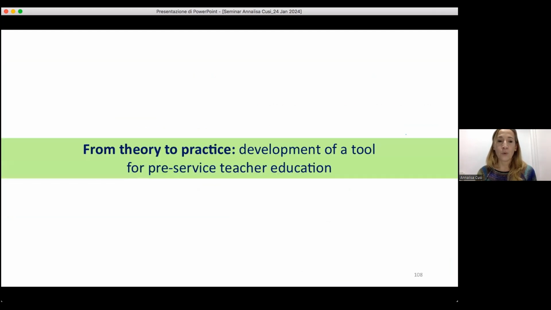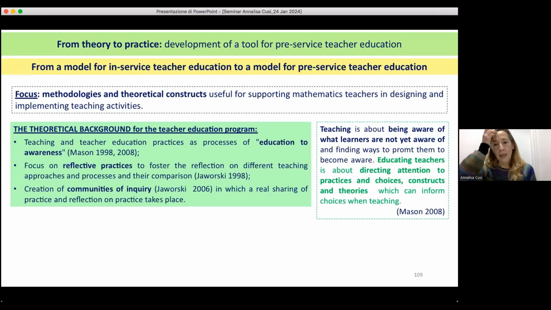And I move to the last part of this seminar, the shorter one, since I'm not going to present analysis of data. First of all, I want to present a model for pre-service teacher education, which has been adapted starting from a model for in-service education that I developed together with Nicolina Malara.